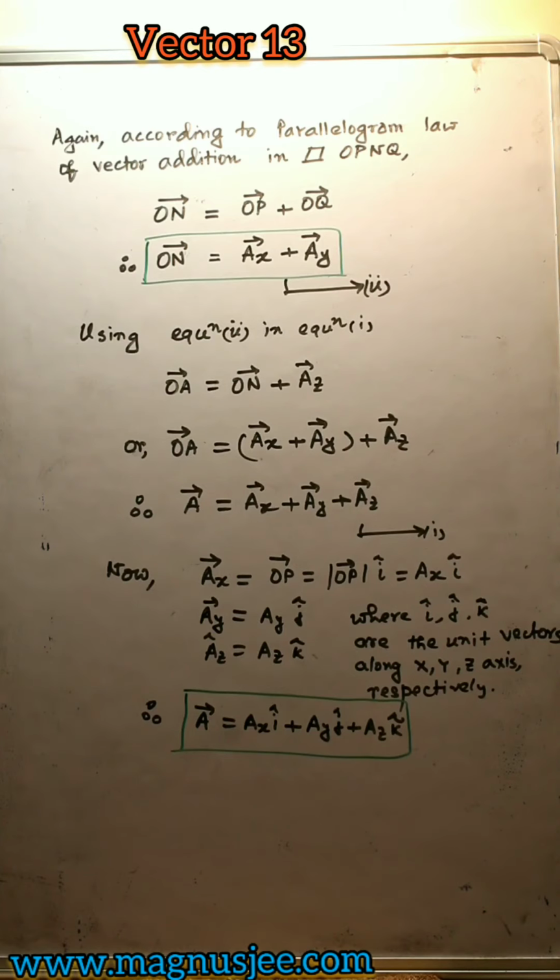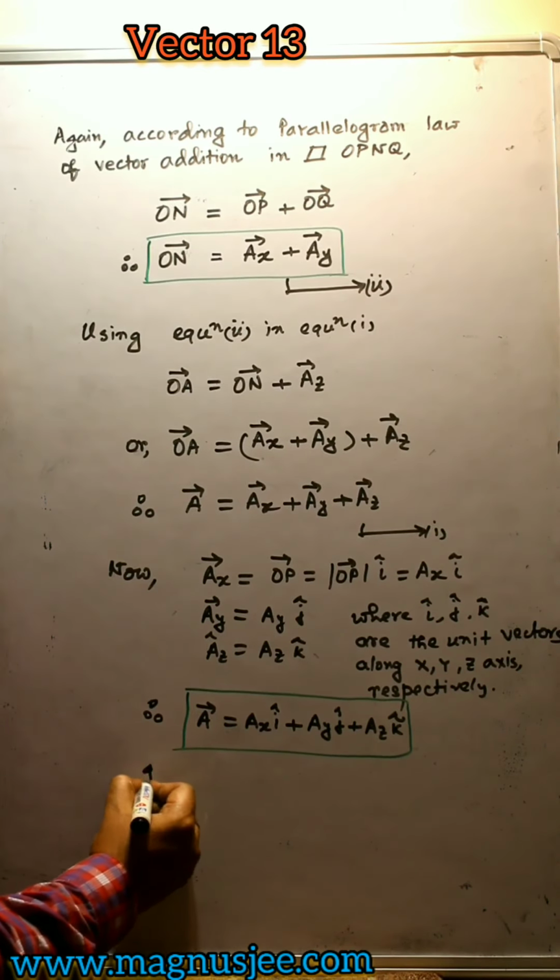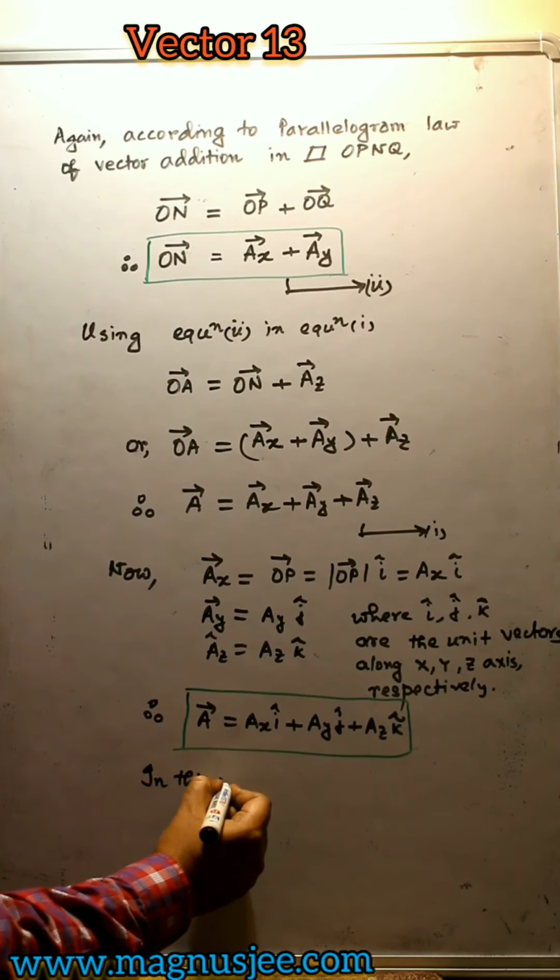This is the expression of vector A in terms of its rectangular components AX, AY and AZ.